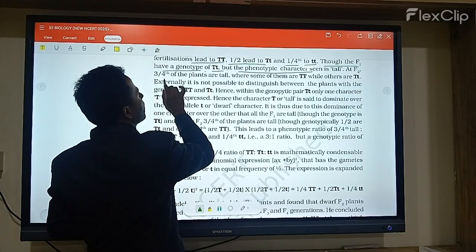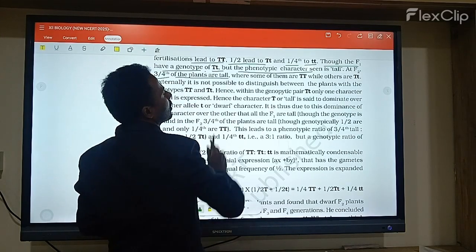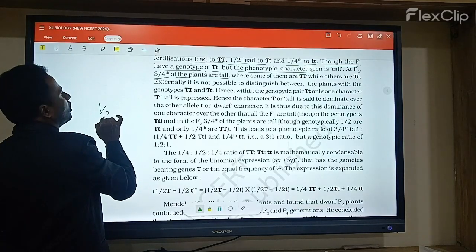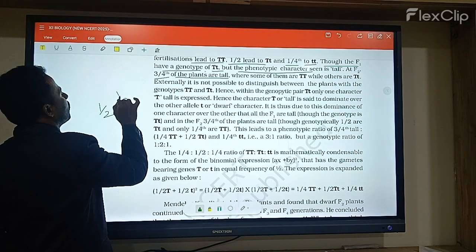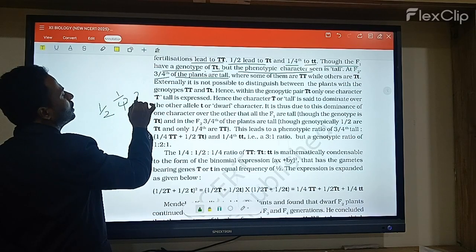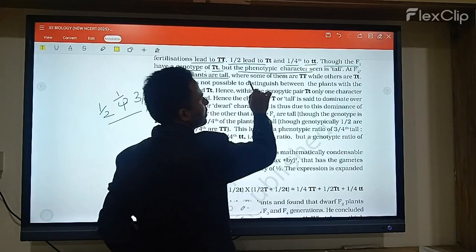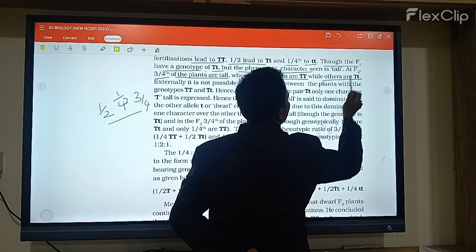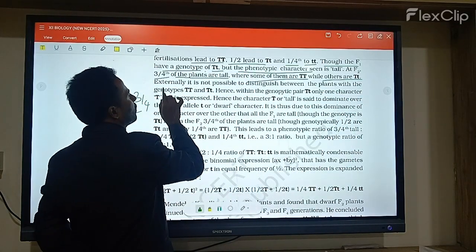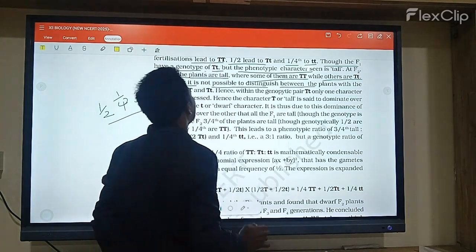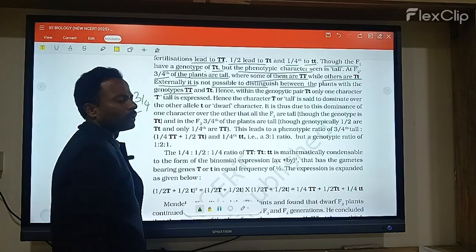In the F2 generation, 3/4 of the plants are tall. So we are getting 1/2, 1/4 and 3/4 characters in that Punnett square. We sum them as capital T and otherwise capital T small t. Exactly, it is not possible to tell the difference between plants with the genotype capital T or small t.